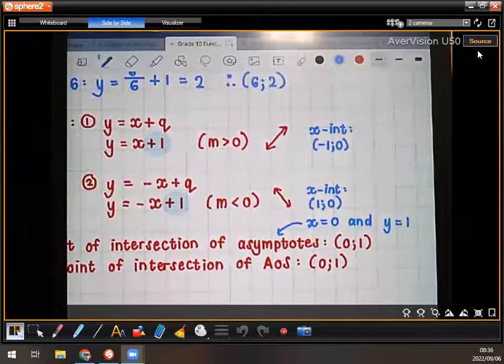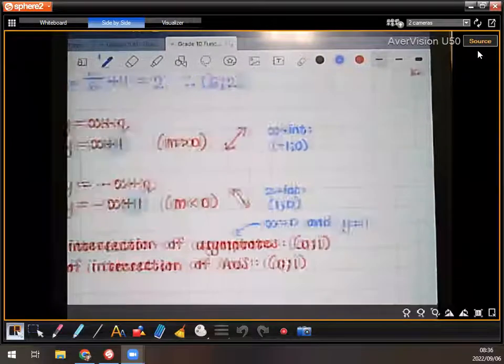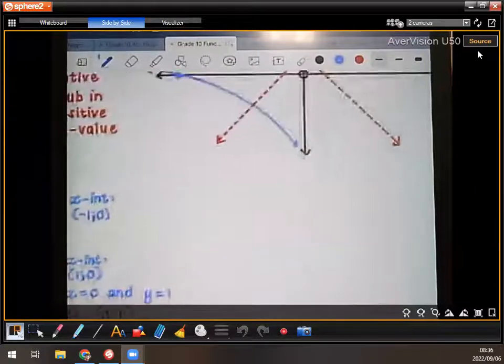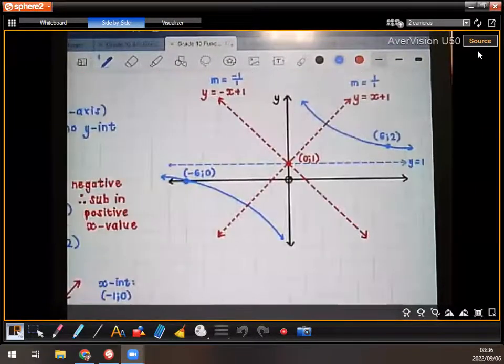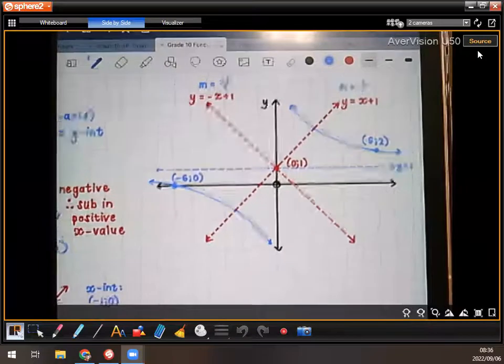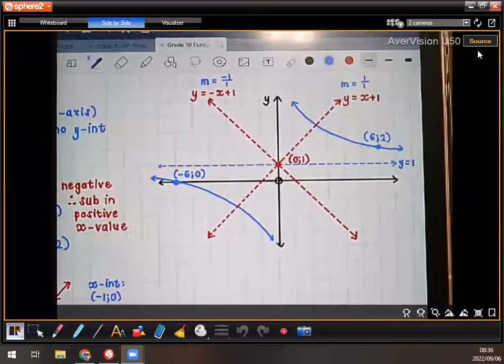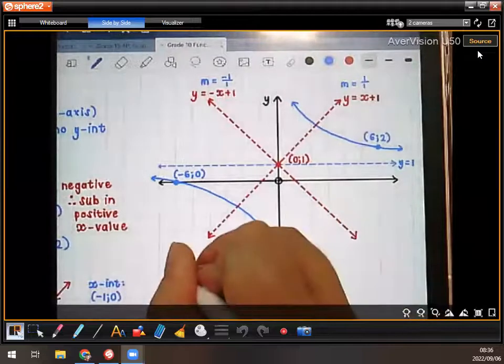Alright guys, we haven't discussed the domain and range yet of a hyperbola. It is obviously a little bit different from a parabola. So I'm just going to go up to the graph with me. That's the graph. Alright, domain.